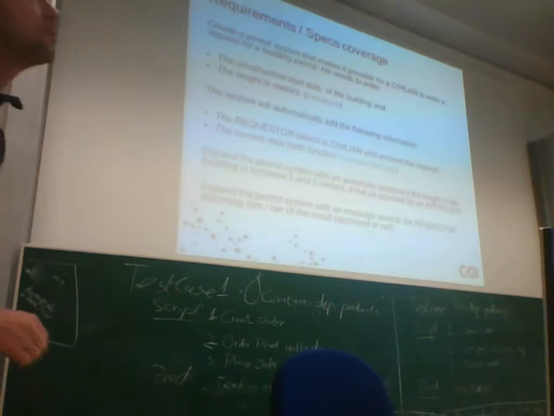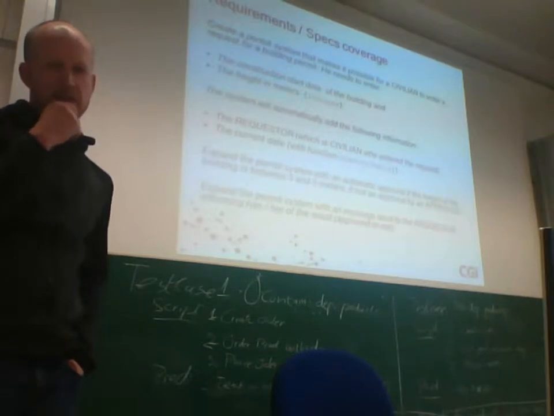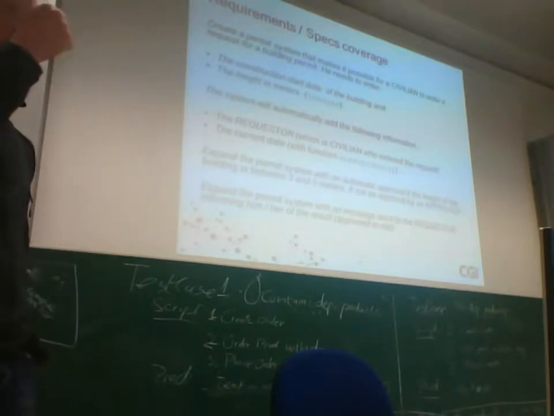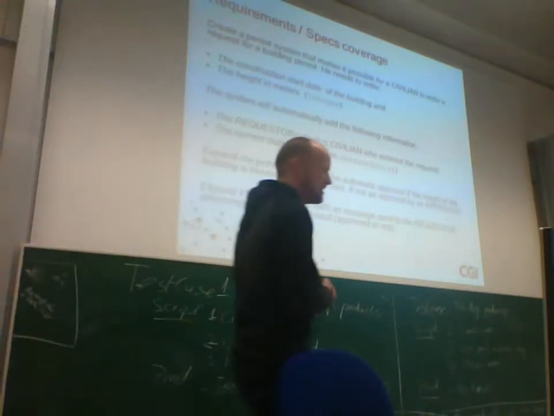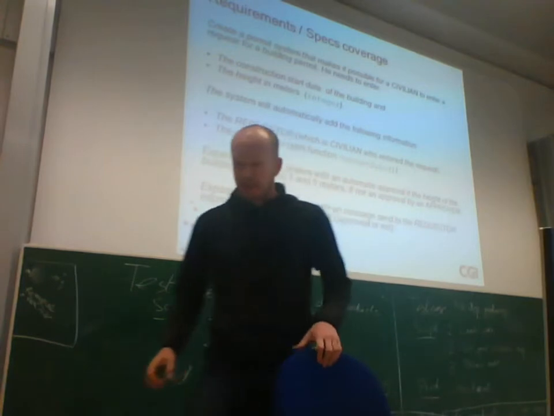I'm pretty sure that this is already in it. Yes. Okay, great. Just one extra requirement then. Right. So between 3 and 5 meters. Thank you, Edwin. Thank you, Bill.